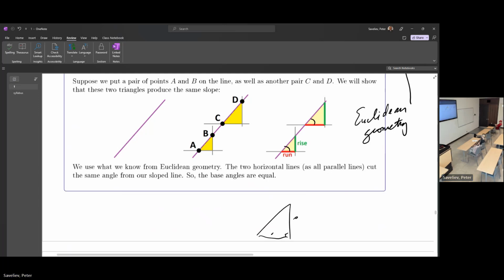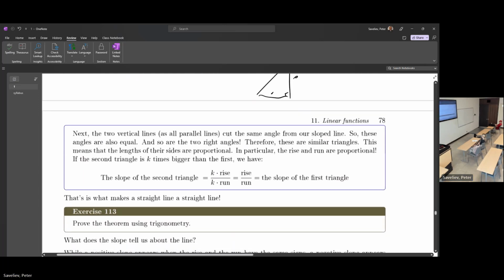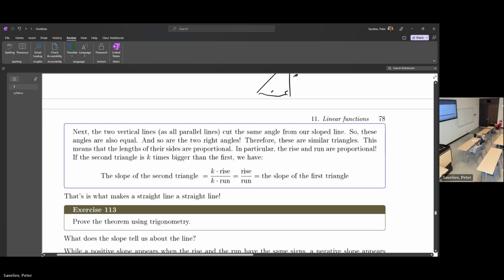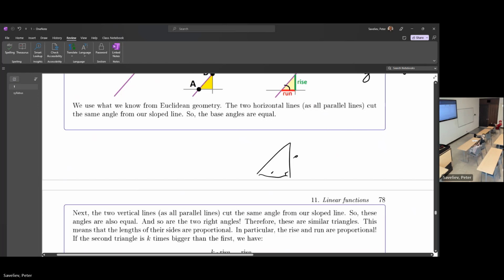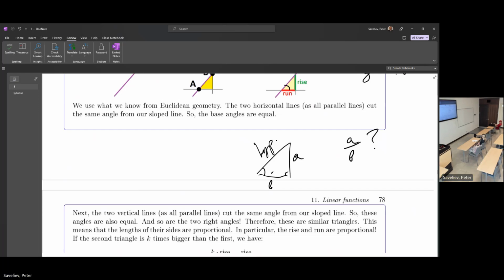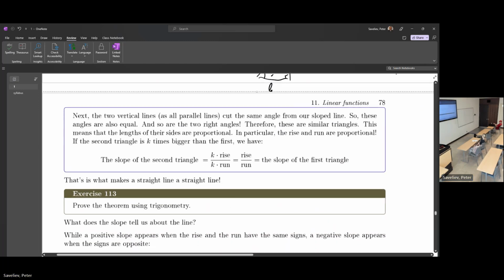What's it called in a right triangle? No, this is the hypotenuse. Okay, this is say A, this is B. What's the meaning of A over B? In trigonometry, what do we call it? Tangent, right?